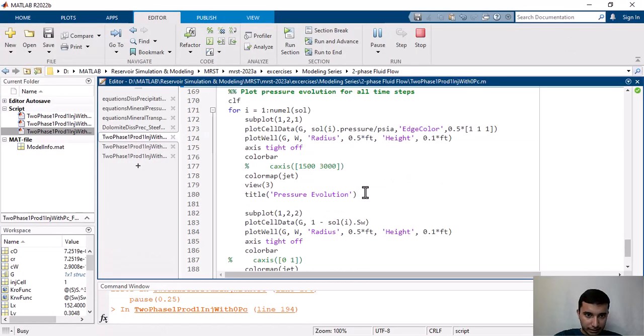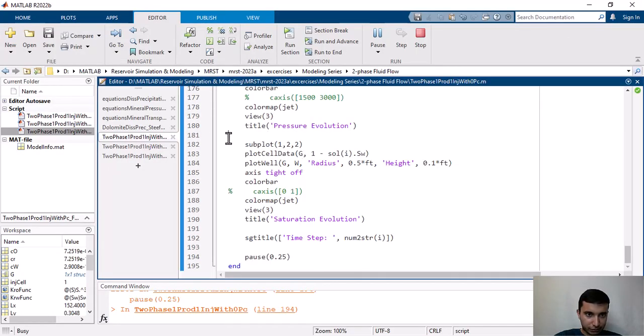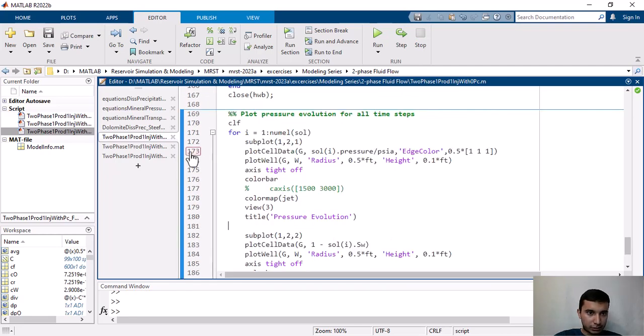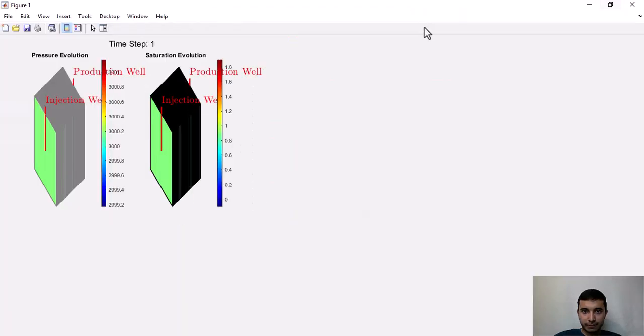So let's run this last section of the code again. The results are already stored in struct, so I only need to run this last section of the code to see what the output looks like.